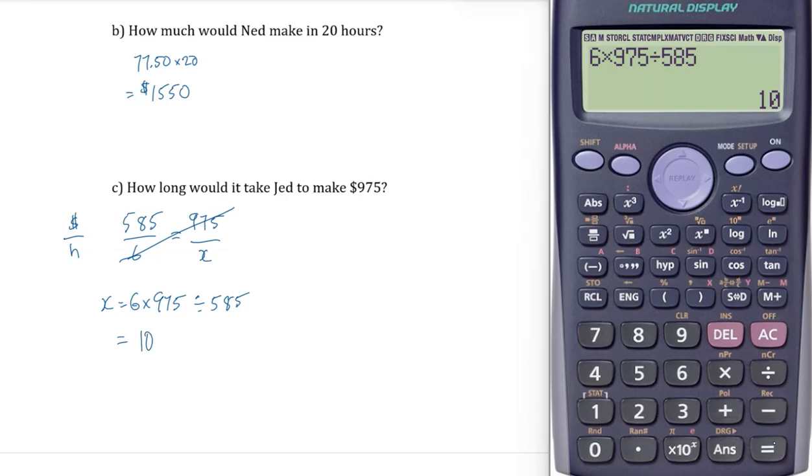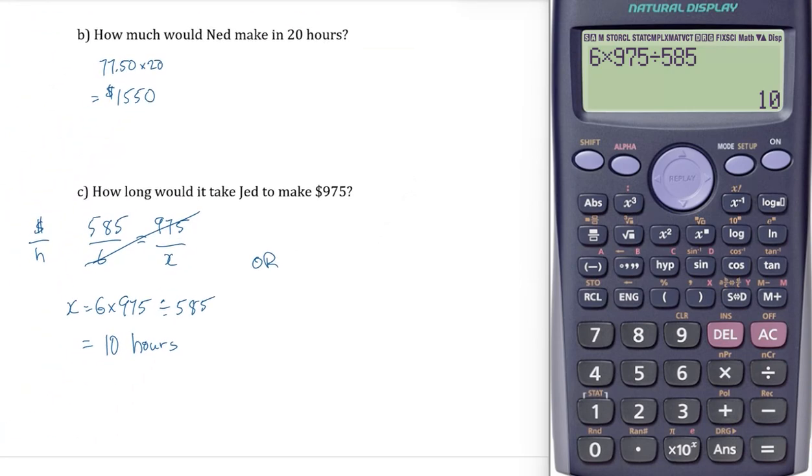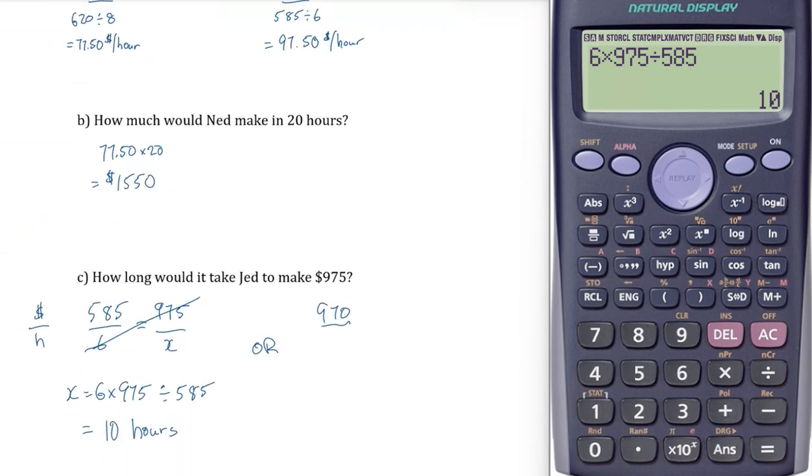So it takes 10 hours to make $975. Or I could have used the unit rate, that would be totally fine. So that's $97.50 per hour. Sorry, I don't know what I'm thinking. $97.50 in 1 hour, and $975 in how many hours?